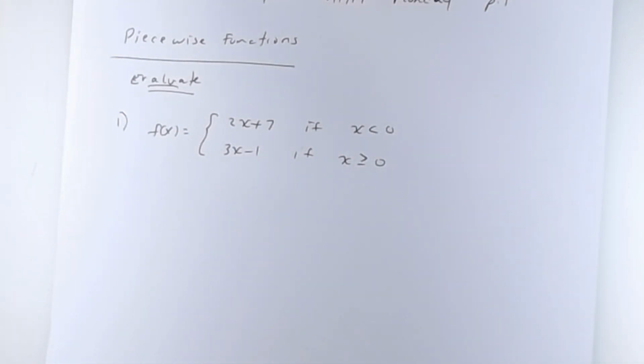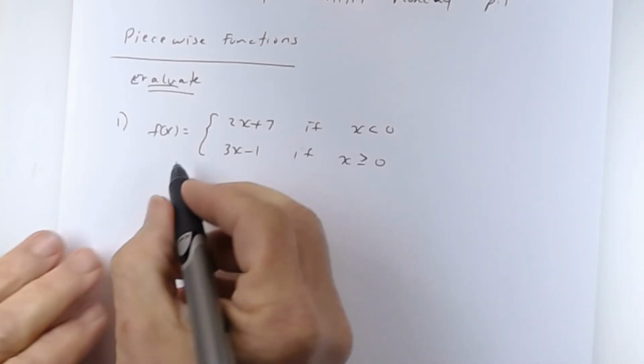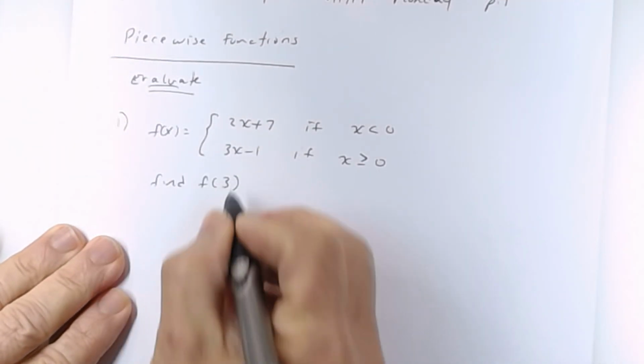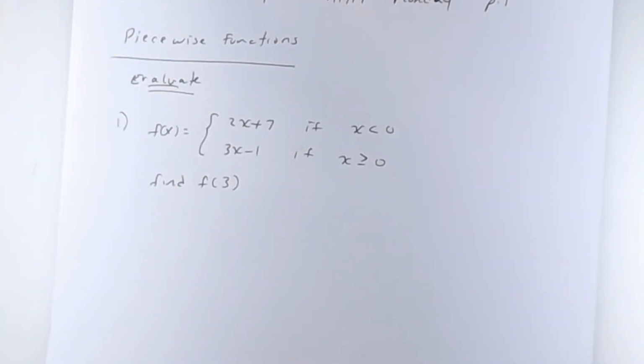But for right now, let's evaluate these functions. So let's say I want to find f of 3. Now it matters which part I use. What is the x value I want to evaluate this function at? 3. So which part of my domain is 3 located, the top one or the bottom one? The bottom one, because x is 3.